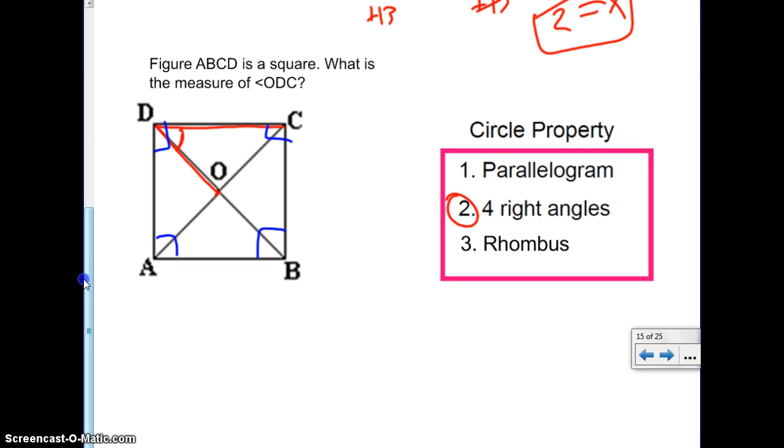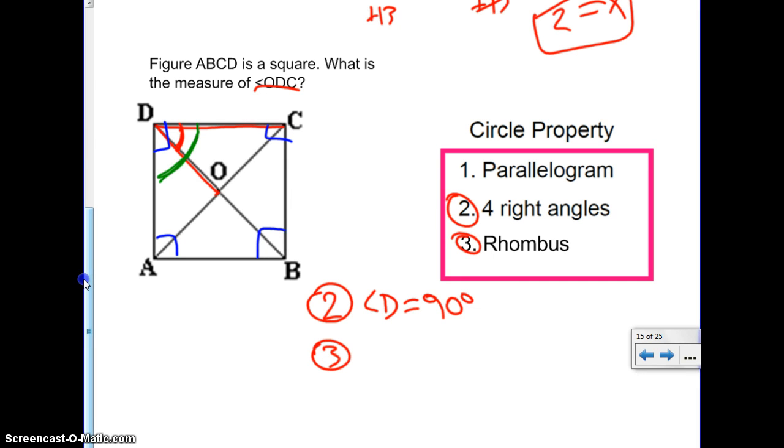Okay, so based on property 2, I can say that angle D equals 90 degrees. But angle D is this whole thing. I only want this small piece, that angle ODC. This is where we're going to go back to a rhombus property. If you remember, rhombuses, the diagonals bisect the angles.